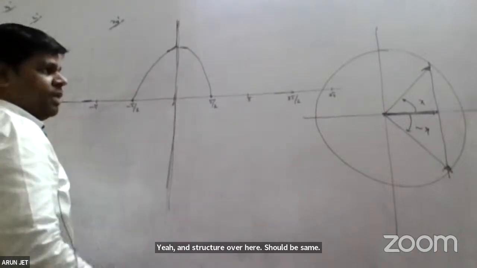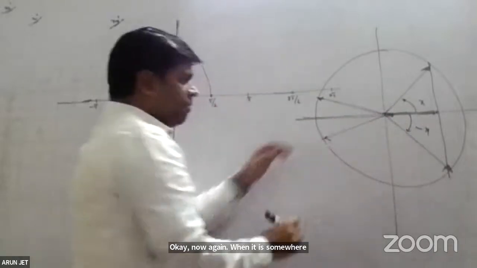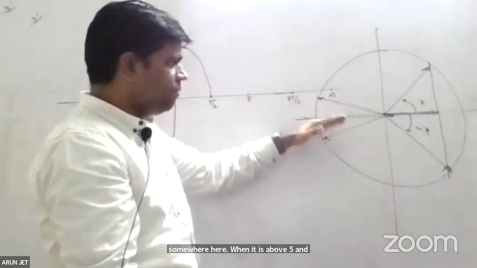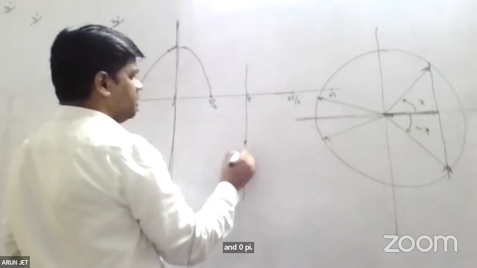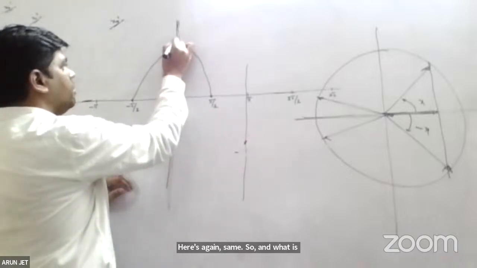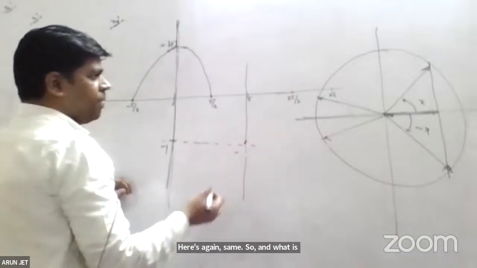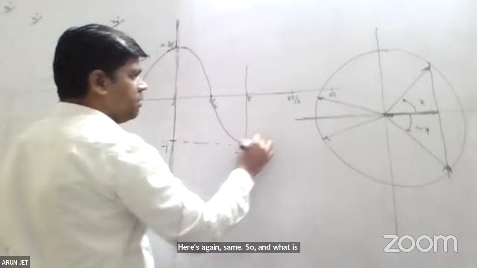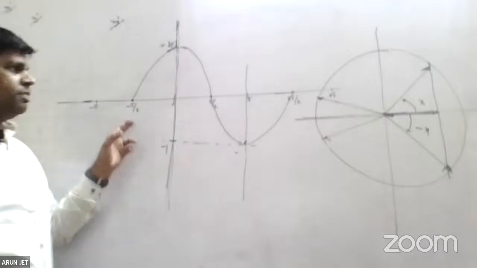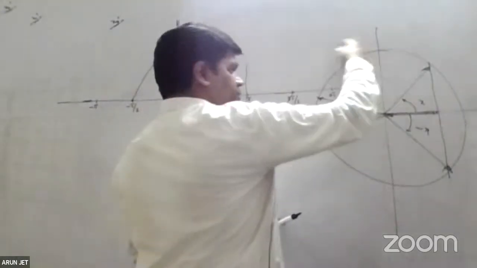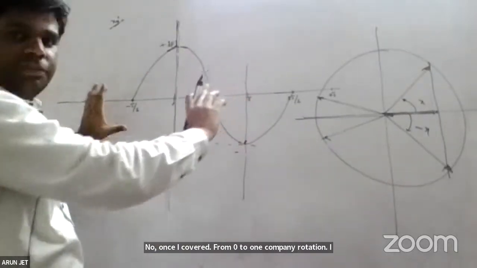All right. Now, again, when my radius is somewhere here, above pi and below pi, it is again the same. And what is cos pi? Minus 1. Now, once I cover one complete rotation, I get one complete picture of the structure of the cos function.